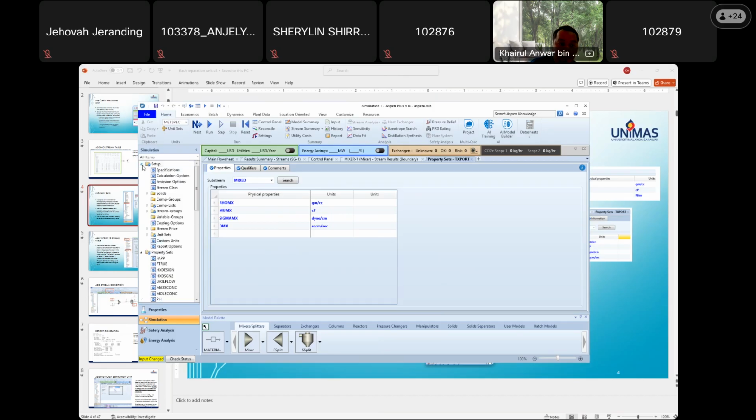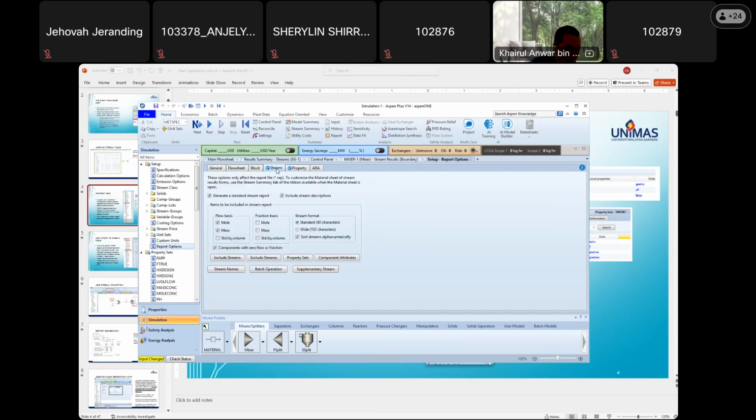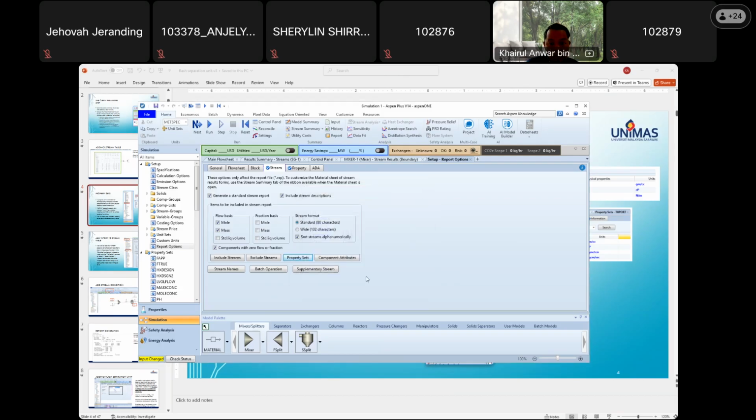So setup, property set, report options, stream, property set, and find your new export. Now the export has a unit for the others.